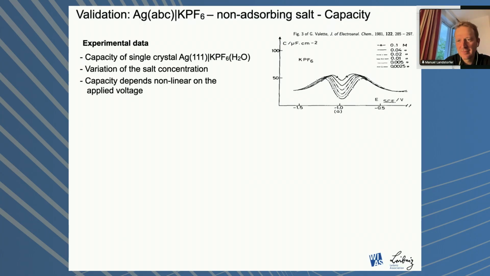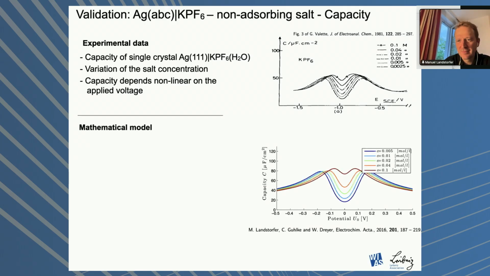The validation is performed here in the first place against a silver single crystal electrode. So it's really an atomically flat silver 111 surface with KPF6 in water, ultra pure water. And there's a variation of the salt concentration from 0.1 mole down to 0.025 mole. And you find that the capacity really depends nonlinearly on the applied voltage.